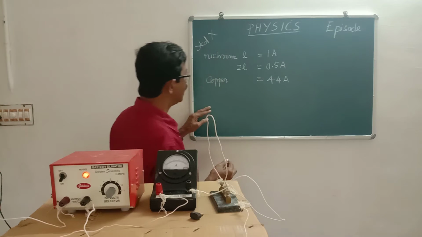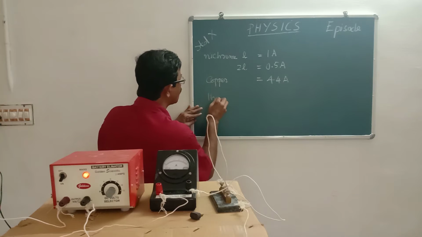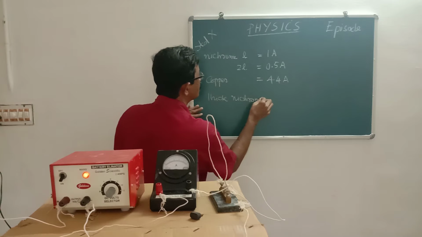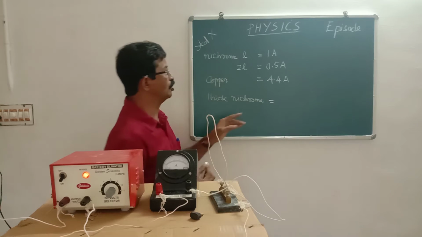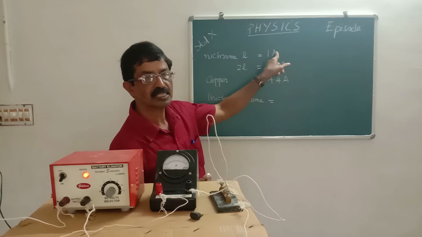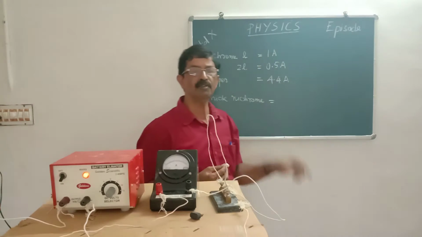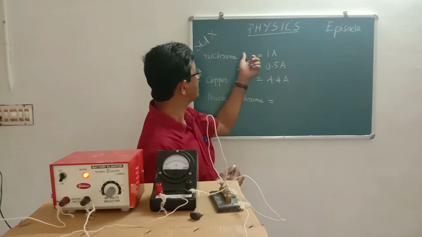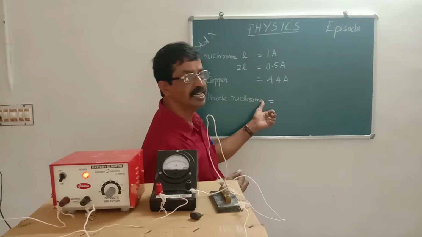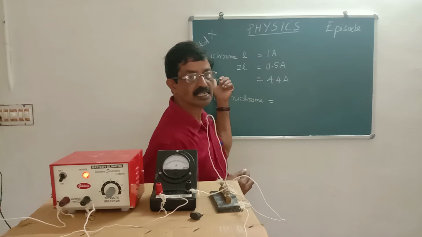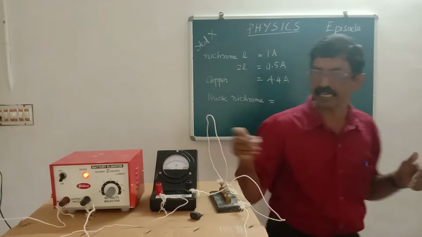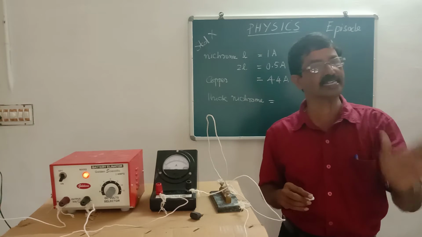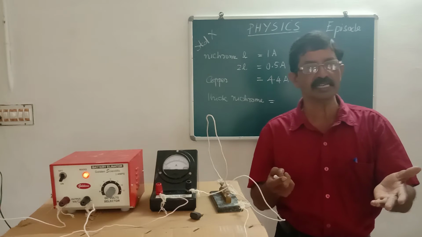In the same way, if we use a thick nichrome wire, then also the current is more than this. So the current flowing depends on length, thickness and material. Here we gave the same potential. The potential is not altered.